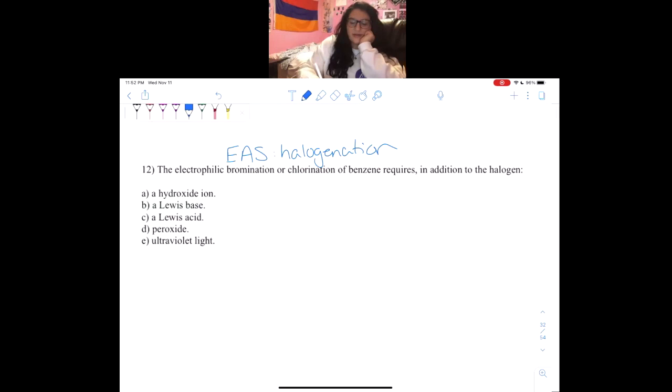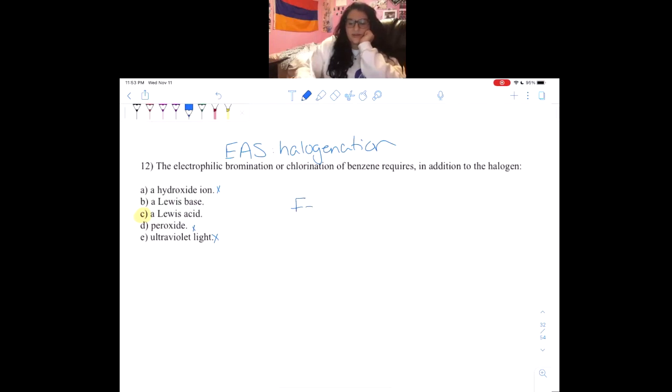So we can narrow it down to a Lewis acid or a Lewis base. Now, between the acid and the base, we learned earlier that we must have a Lewis acid in order to do our electrophilic aromatic substitutions. Specifically for halogenations, we are going to need something that looks like so. So that will be our Lewis acid.